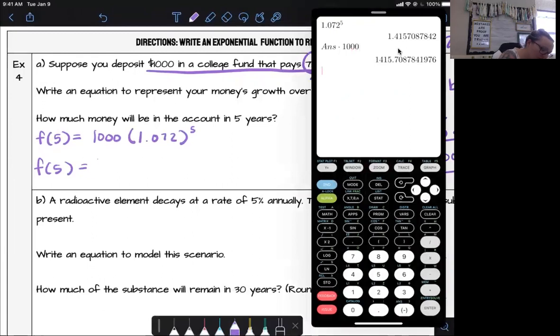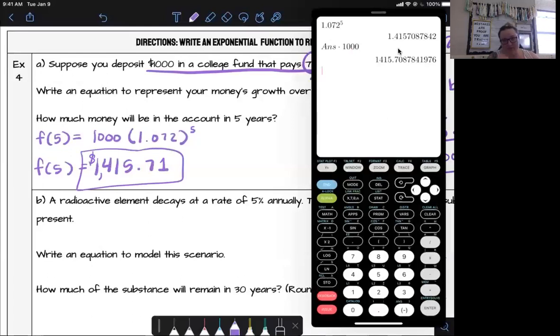And you're going to get 1,415.7, and it's 0.8, so I'm going to round up. And I have $1,415.71 as our final answer.